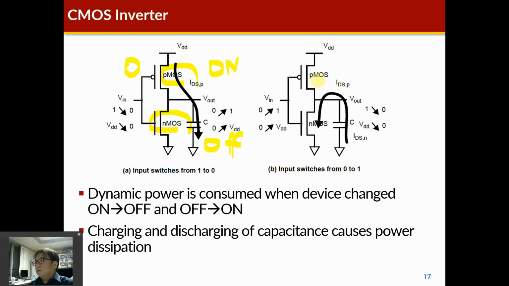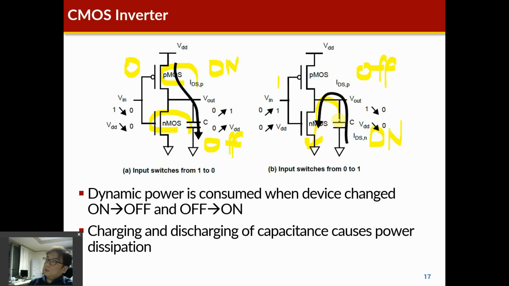Next, the opposite case. So V in becomes 1. So PMOS is turned off, and the nMOS is turned on. So in this case, this capacitance is connected to the ground via the nMOS transistor.